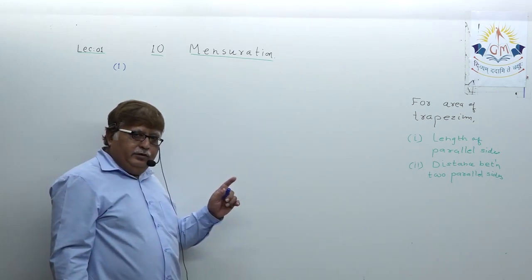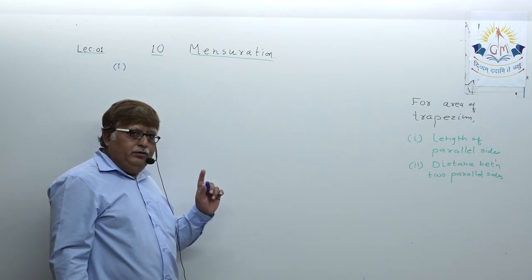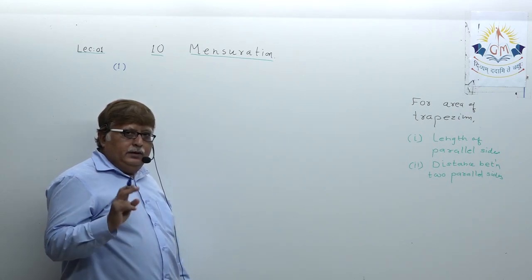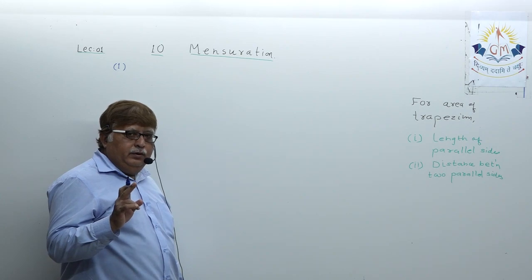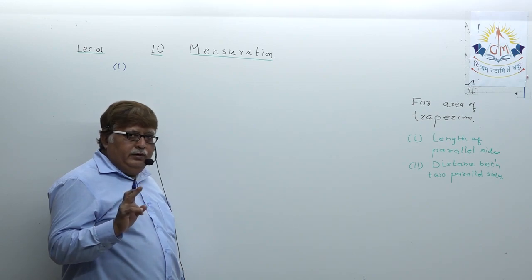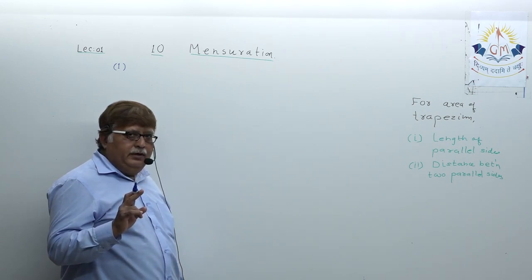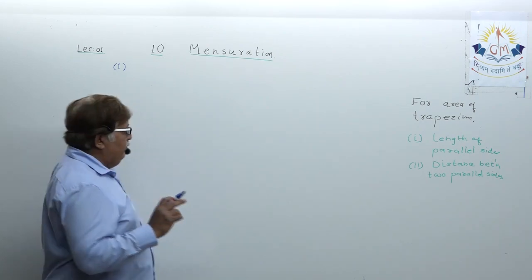But the basic you should keep in mind is, if you want to find area of trapezium, you must have measurement of both the parallel side and distance between parallel side.